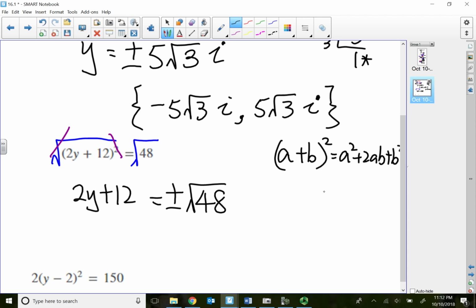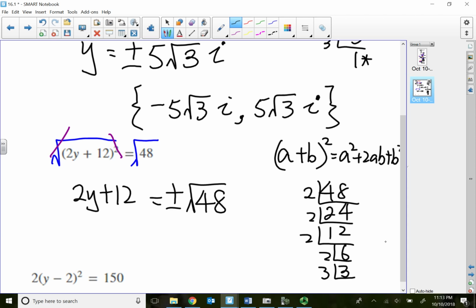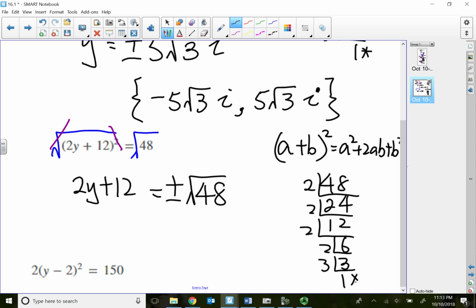So let's break down this 48 here. I'm going to use 2. I could have used 3, but I'm going to use 2. That will be 24 times. 2 will go into 24 12 times. 2 will go into 12 6 times. And 2 will go into 6 3 times. 3 can only go into 3 one time.